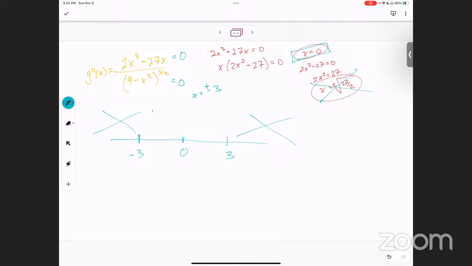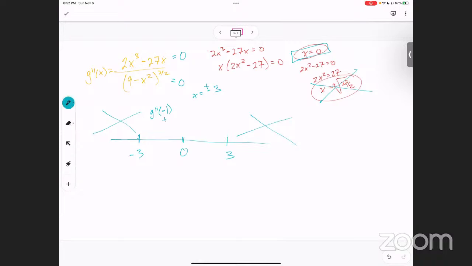So all I have to do is plug in something in here. What should I choose? I would choose -2. How about -1? Wouldn't that be a little bit easier, probably? Yeah, it would, my bad. So if I plug in -1, this is going to be a negative still. This is going to be a positive, right? So this is going to be a -2 plus 27.